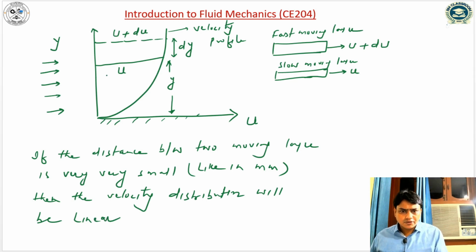I have taken two fluid layers. The first layer has velocity u at a distance of y from the surface, and the second moving layer has u plus du. And if the distance between these two moving layers is very small, like in mm, then we can see that the distribution will be linear.